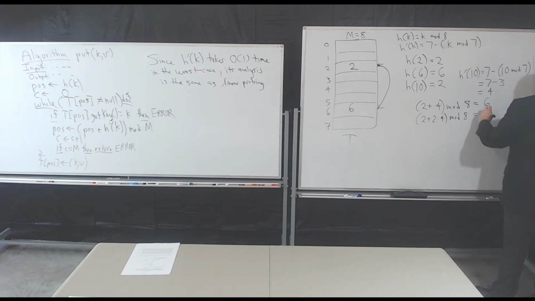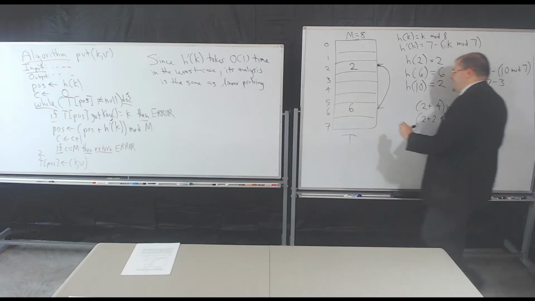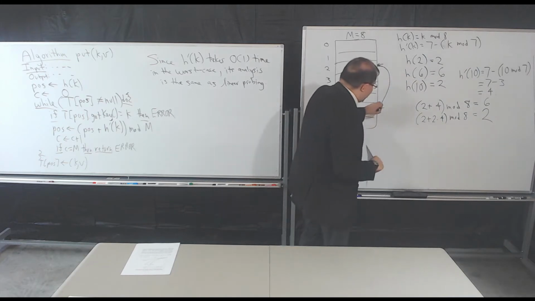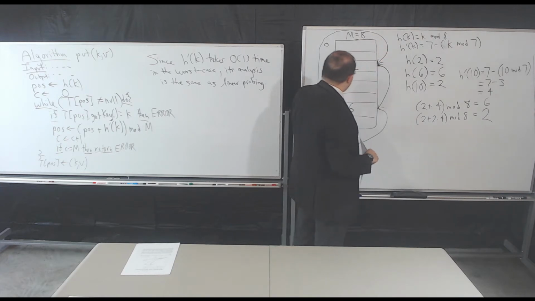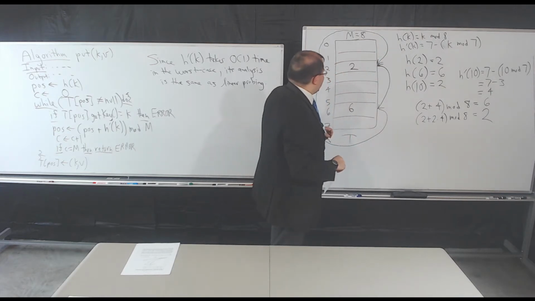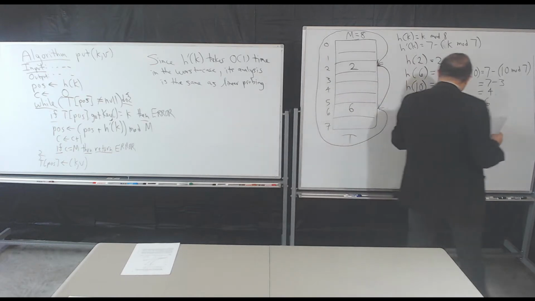That's 2. So you've got to think of it like I'm going around. I have returned back to 2. I've wrapped around.